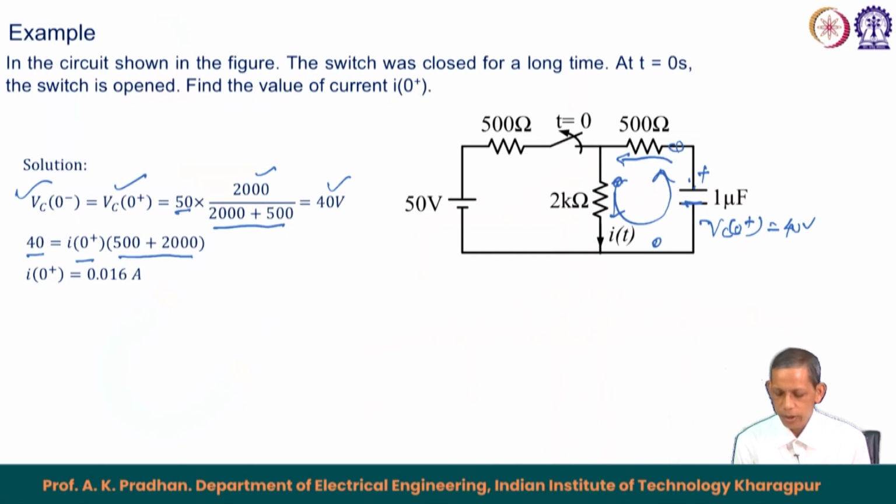So, that will be circulating a current I, and that current I into the resistance 500 plus 2000 ohm equals 40 volt. Therefore, the corresponding I plus, that is I 0 plus, becomes equal to 0.016 ampere only. So, this is a simple circuit, two states: before the switch and after the switch.